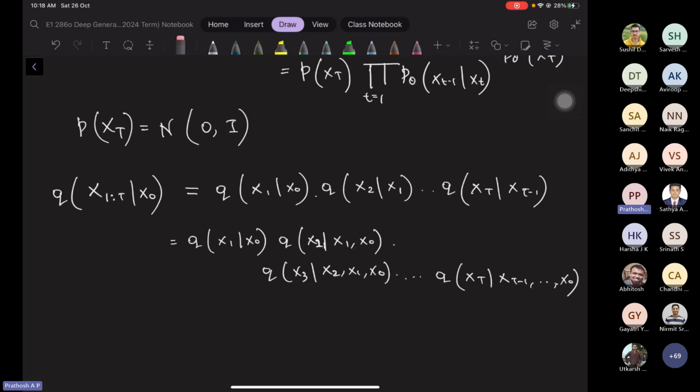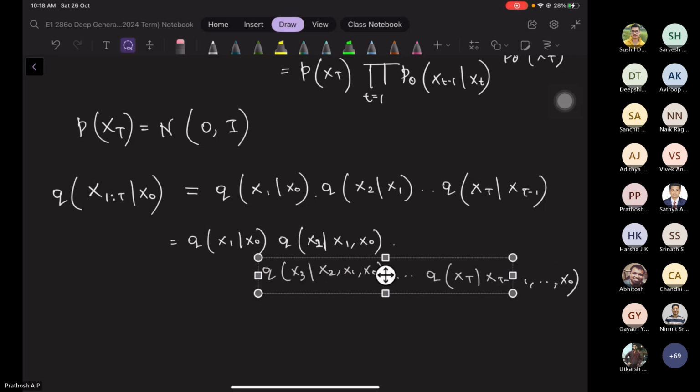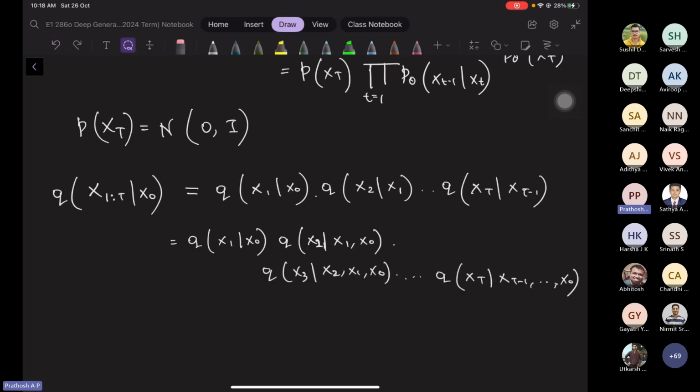Is that all right? Now I will perhaps take this and put it there. Yeah, Lokesh. Sir, in the above equation, is it going to xt or x0?